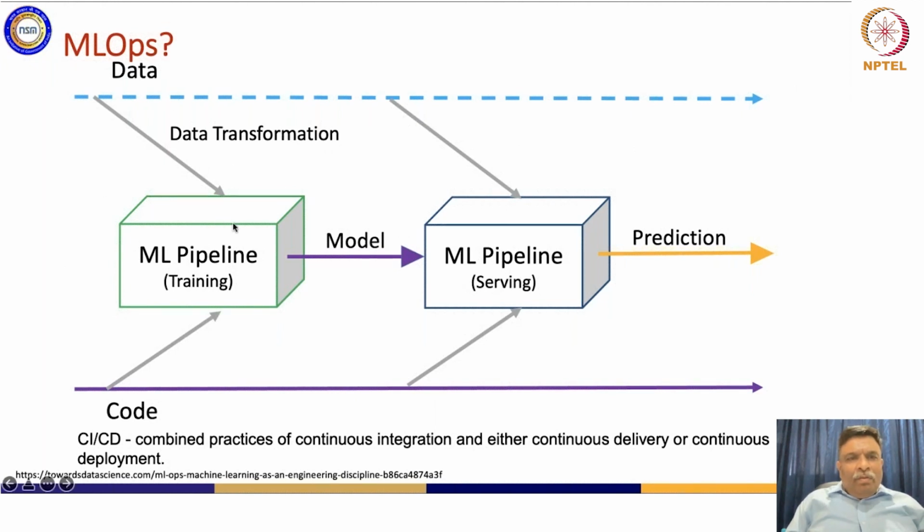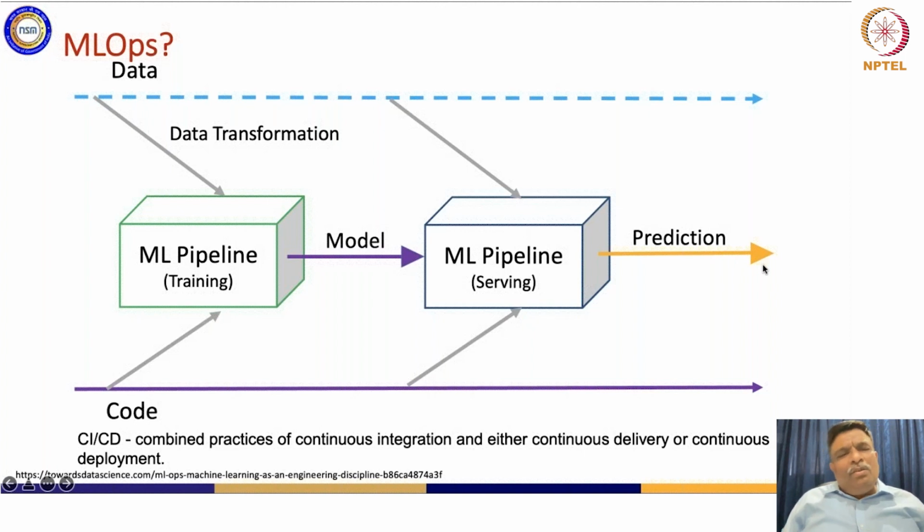There will be an ML pipeline, there will be a model which will be trained using this type of training mechanism. Then you have code which will actually be developing this trained model. And once this is done, you again give the data to the serving pipeline, and then you do the prediction.